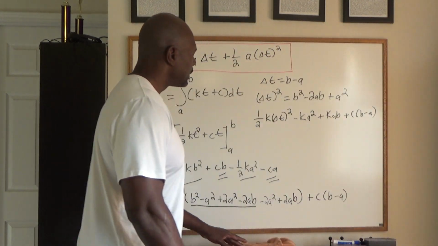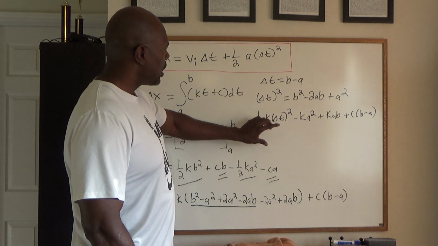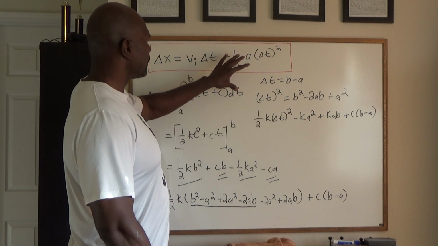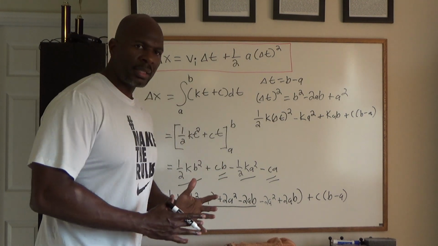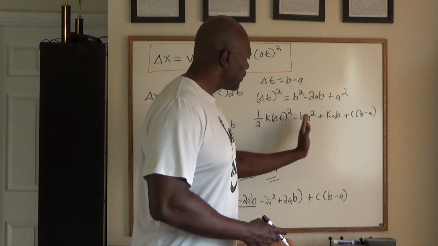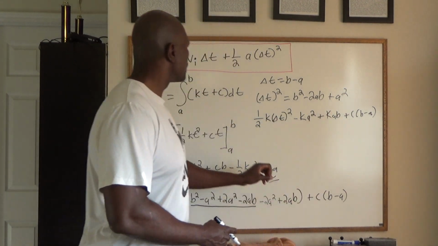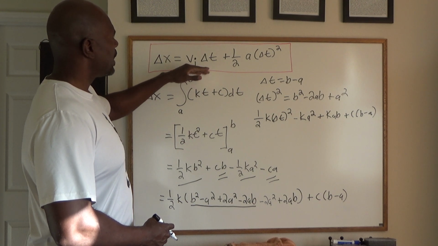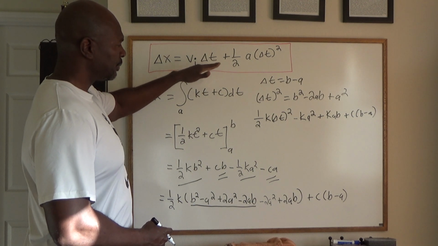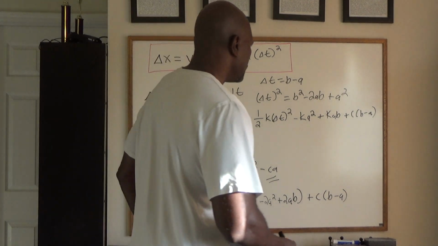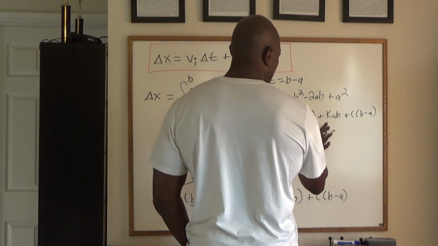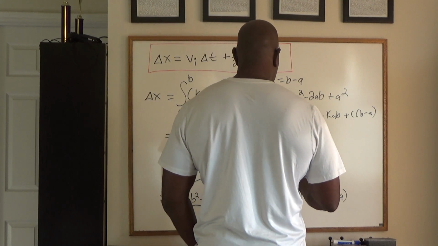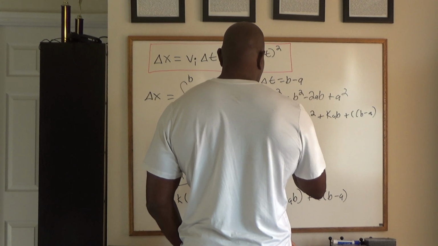Okay, so again, we have the 1/2 a times delta t squared covered. So now the next thing is to make all of this look like the initial velocity times delta t. So let's see what we can do. So we'll factor out what is common to both these terms, and that would be a ka. There's a ka common to both these terms.